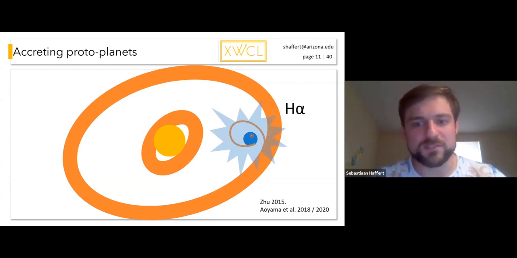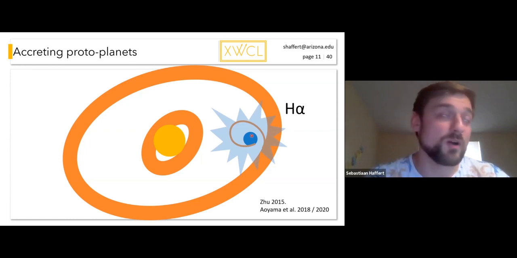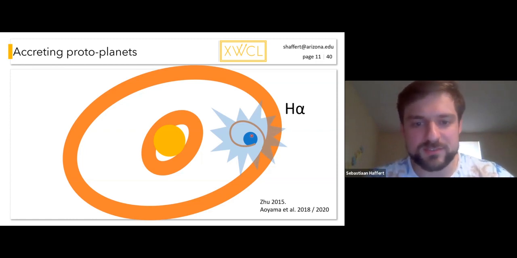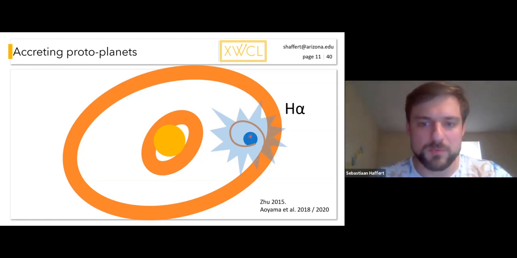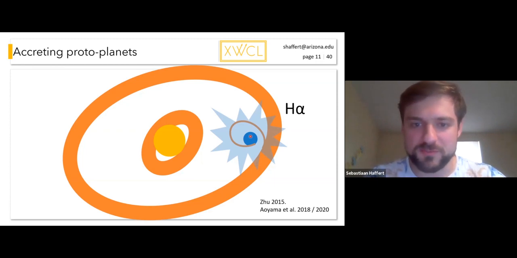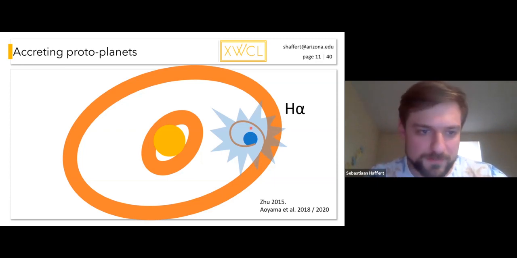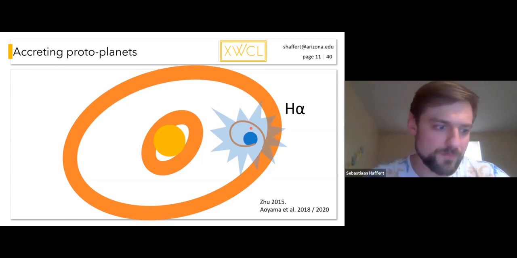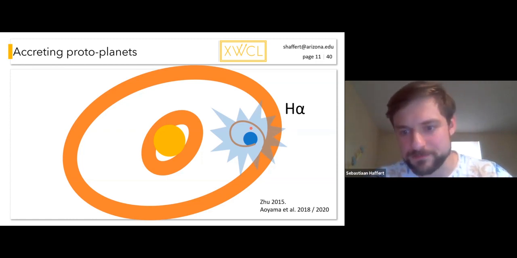That makes the contrast between the planet and the star decrease significantly. The H-alpha peak emission can be much higher than the photospheric emission from the planet itself, so H-alpha emission is in principle a very good way to detect these planets.